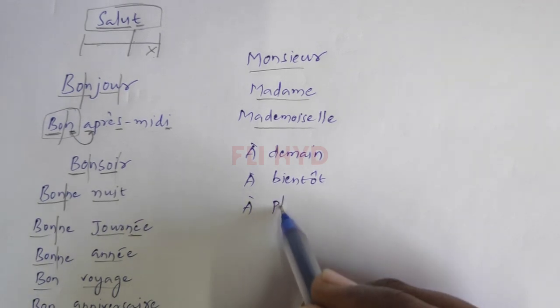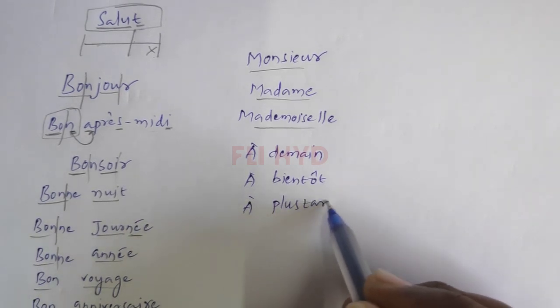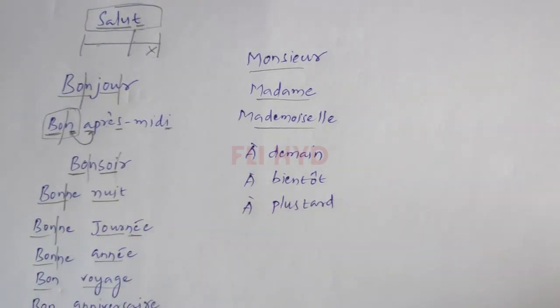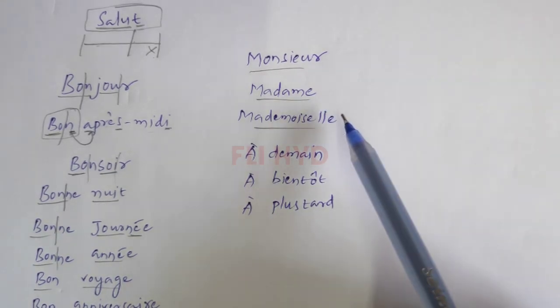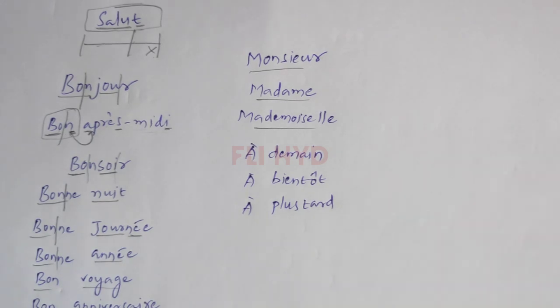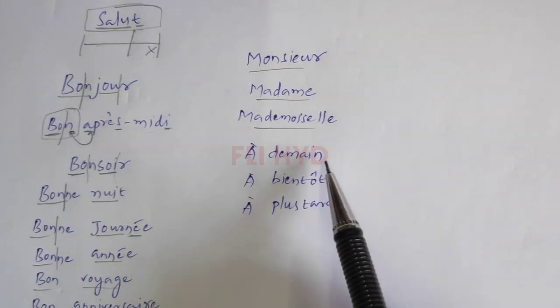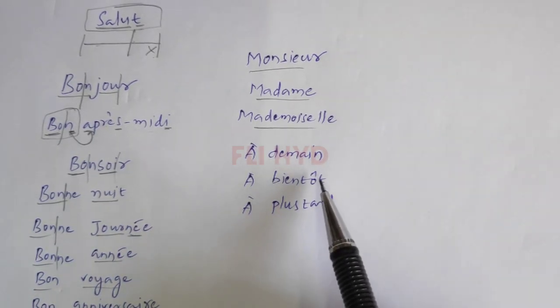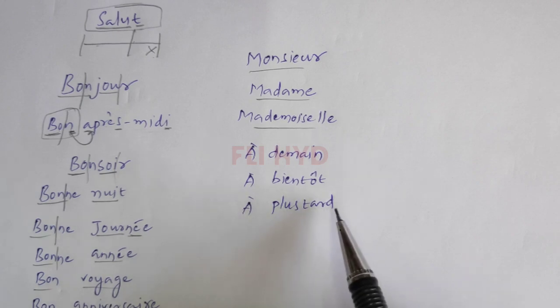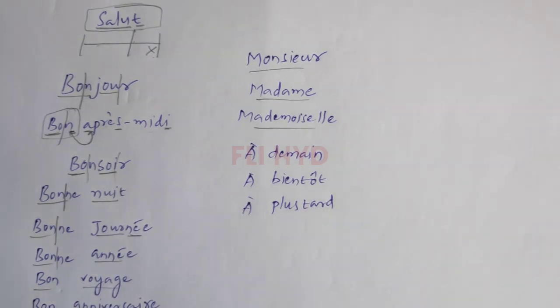And à plus tard, like see you later. Monsieur, Mr, Madame, Madam, Mademoiselle, Miss, à demain, see you tomorrow, à bientôt, see you soon, à plus tard, see you later.